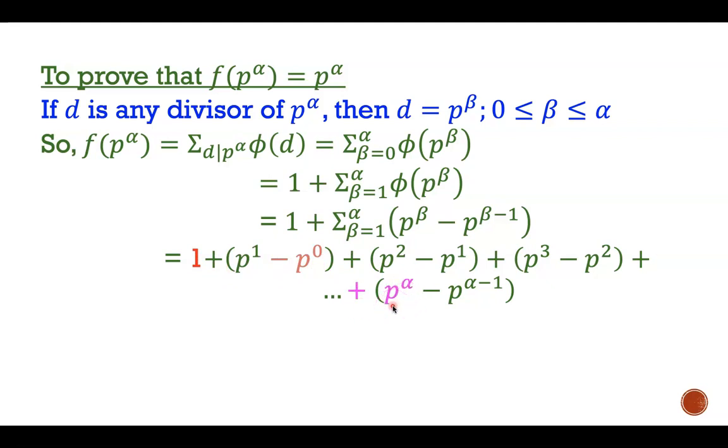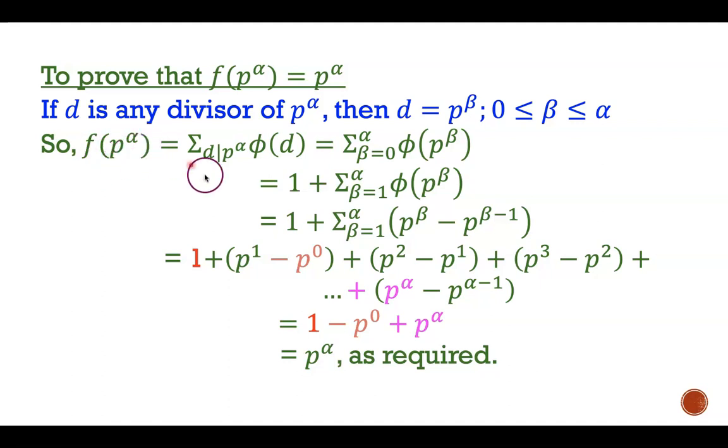So f of p raised to alpha can be expressed as 1 minus p raised to 0, which is 1, so 1 minus 1 plus p raised to alpha, which is equal to p raised to alpha itself as required. So in case 1 we have shown that f of p raised to alpha is equal to p raised to alpha as required.